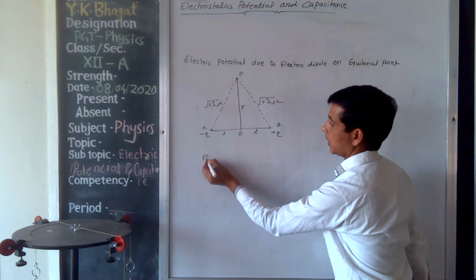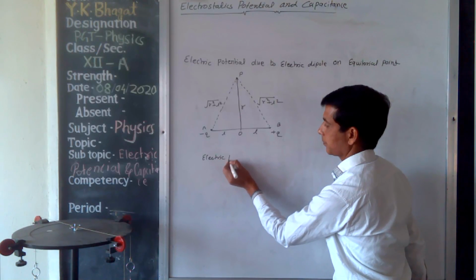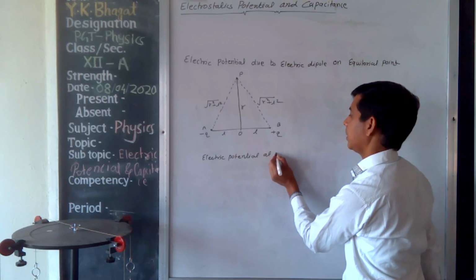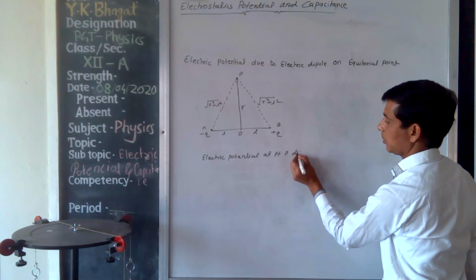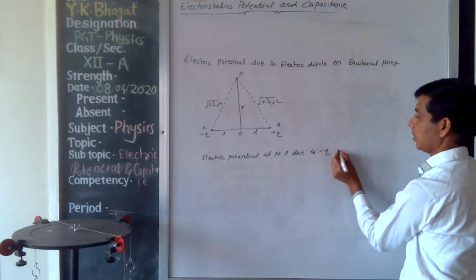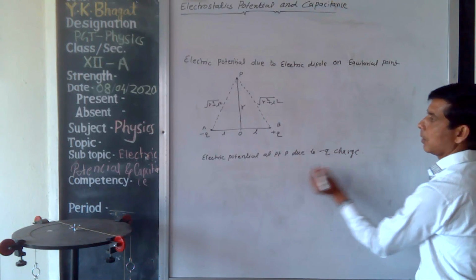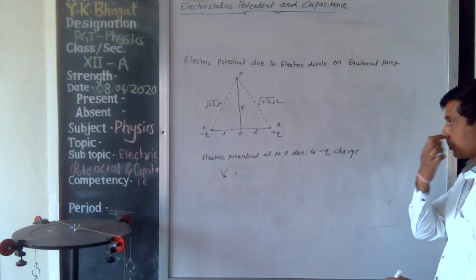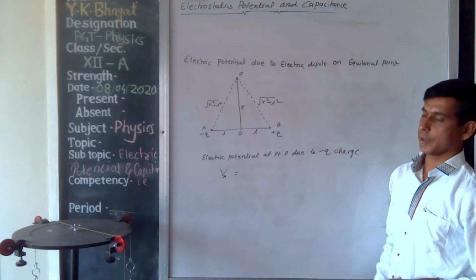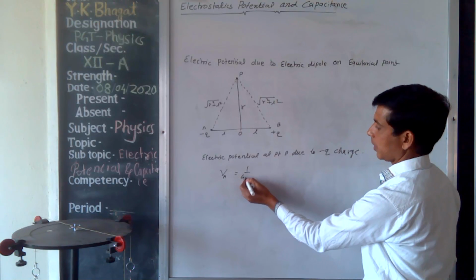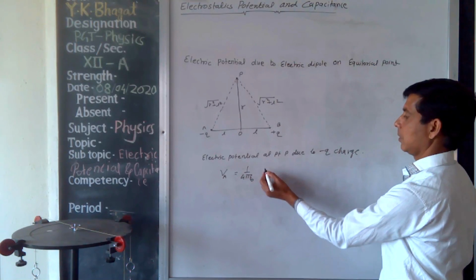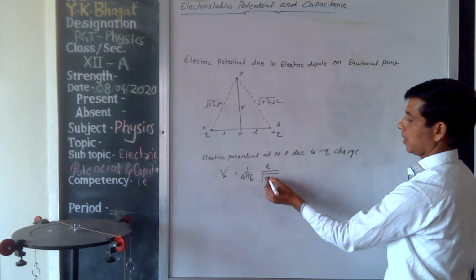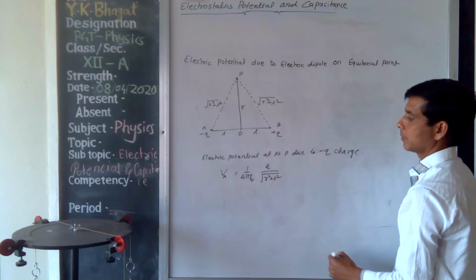Electric potential at point P due to minus q charge will be VA equal to, it has no direction, VA equal to 1 upon 4 pi epsilon naught q upon simply r, that means root of r square plus L square.